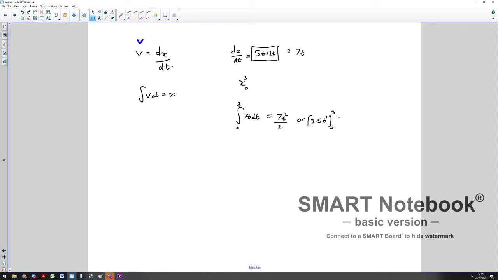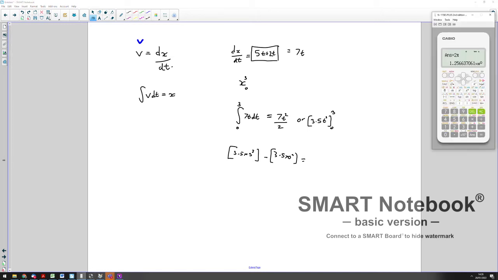Okay, so completing my definite integral, 3.5 times 3 squared minus 3.5 times 0 squared is equal to 3.5 times 9, must be 27, 31.5, but let me just check that, given that I have a nice cool calculator app now. 3.5 times 3 squared, 31.5.